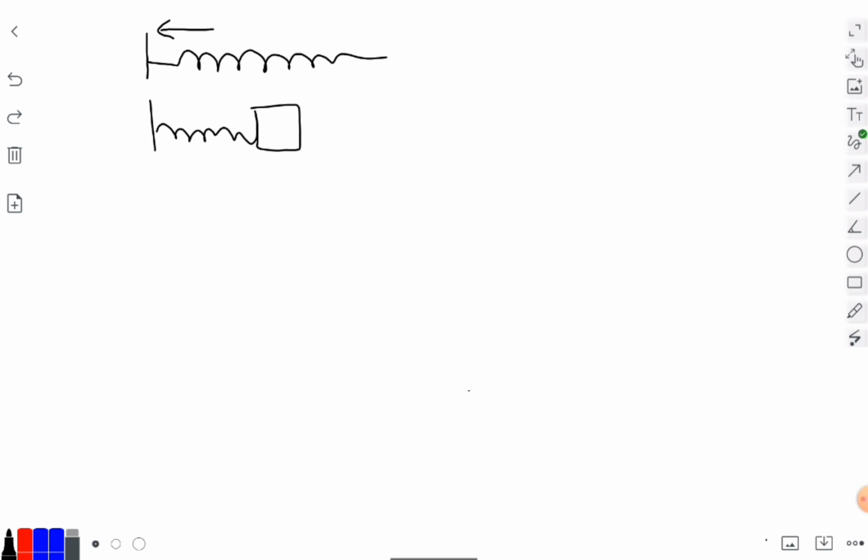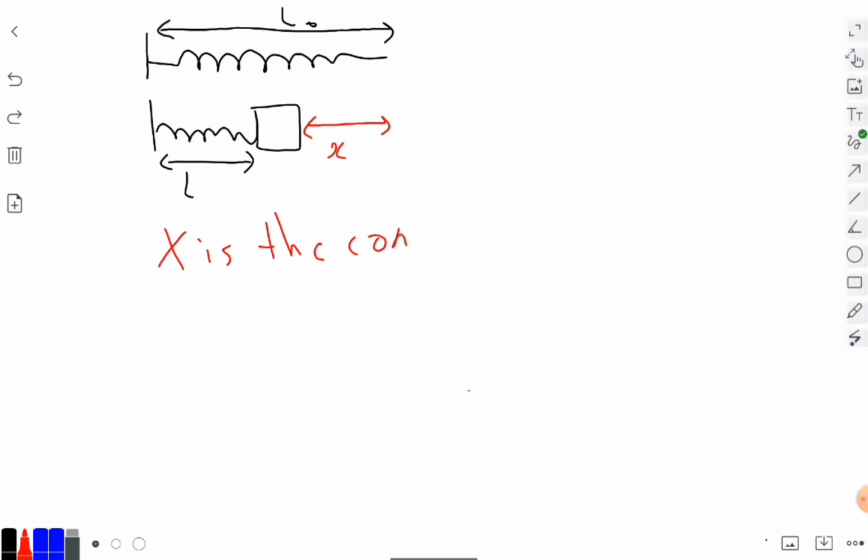In the first spring, the length of the spring is L0, while in the other it is L. This part is the compression, named by X. So X is the compression. In this case, X equals L0 minus L.